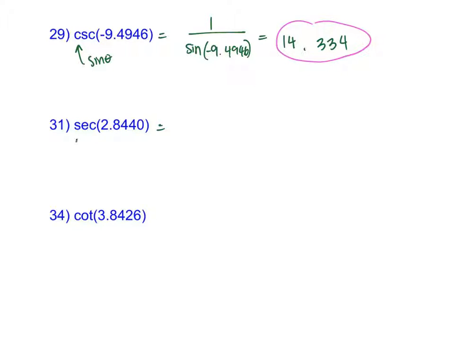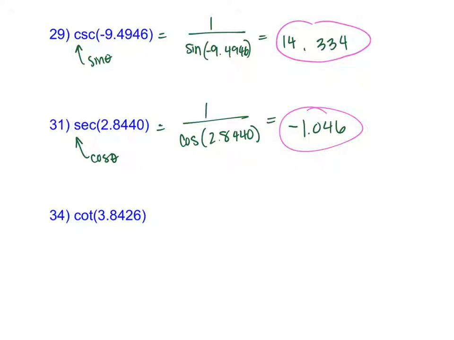For secant, it is related to cosine, the reciprocal of cosine. So this would be 1 over cosine 2.8440. So 1 divided by cosine 2.8440 in the calculator gets you negative 1.046.